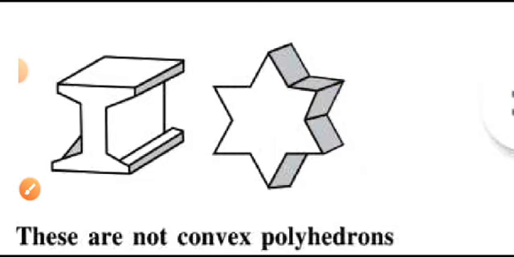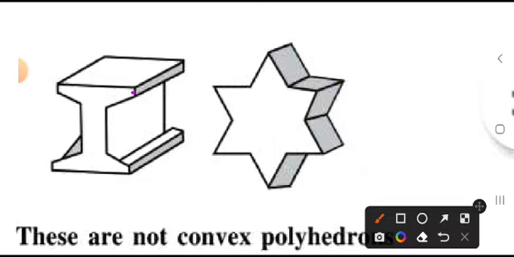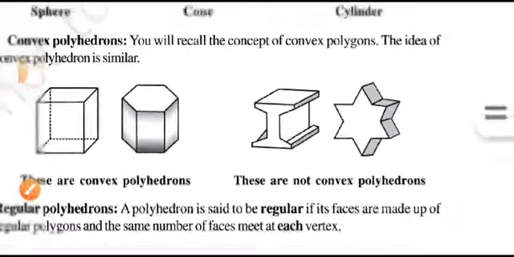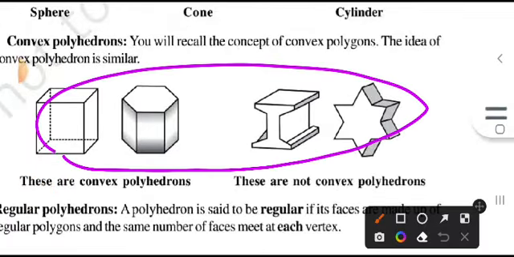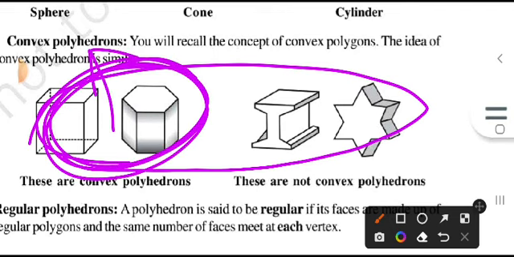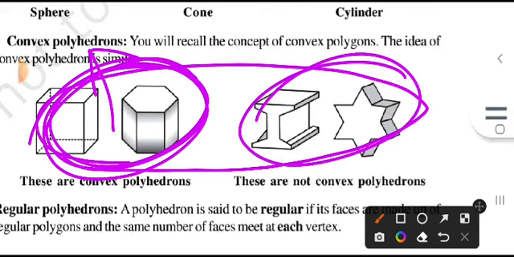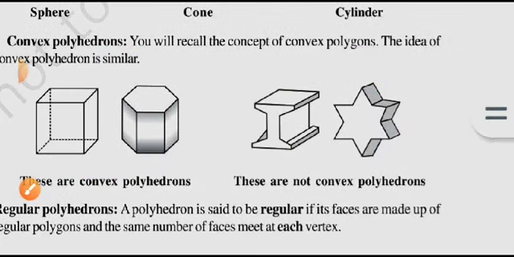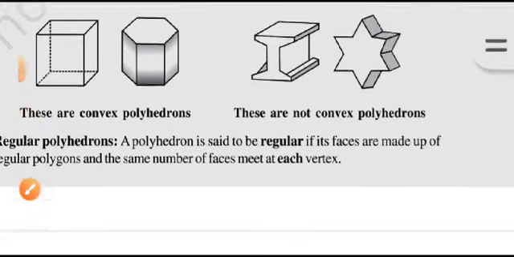On this one also, suppose I have a point on this top and another on this base, and suppose I join them, then this part of the line segment will be completely outside the polyhedron. So these all figures may be polyhedrons, but which of these are convex polyhedrons? These two are convex polyhedrons. Okay, and these two are not convex, which we may name concave polyhedrons.